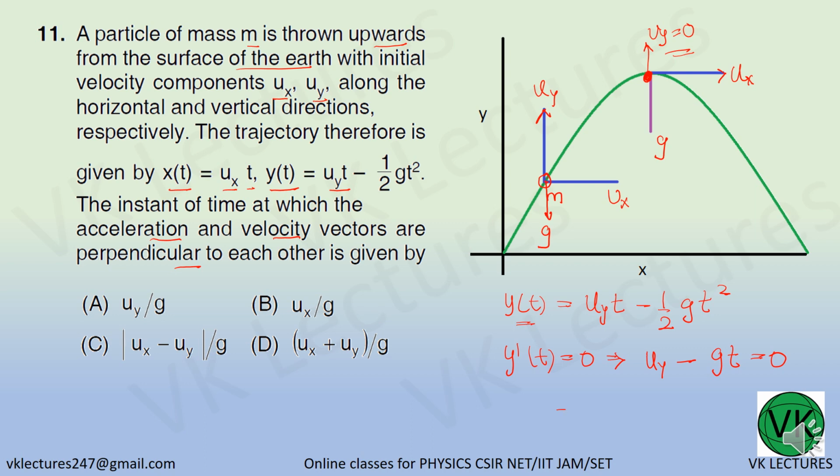At this point you can write uy equal to gt. Now what you want is the instant of time. From here you can write t is equal to uy by g. So this is what is required, the time at which your velocity vector and your gravity are perpendicular to each other. So your option is option A.